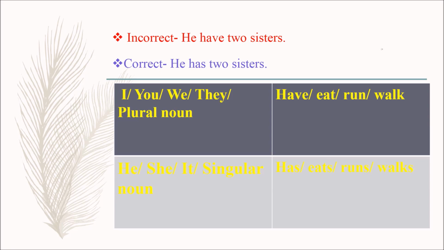But if the subject is he, she, it or any singular noun, then we add s to the verb. Here, he has 2 sisters is the correct sentence.